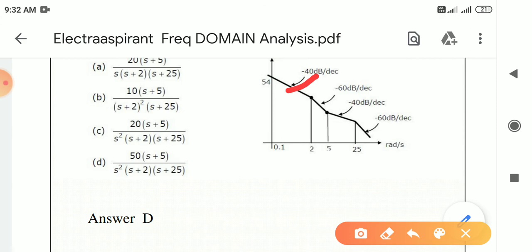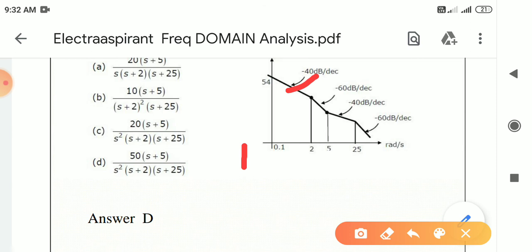Now we need to find the constant gain K. For that, we have G(s) equal to K into (s + 5) divided by s square into (s + 2) into (s + 25). Now make G(s) in time constant form. Thereby you can find another constant, say K dash, equal to 5 K divided by 2 into 25.